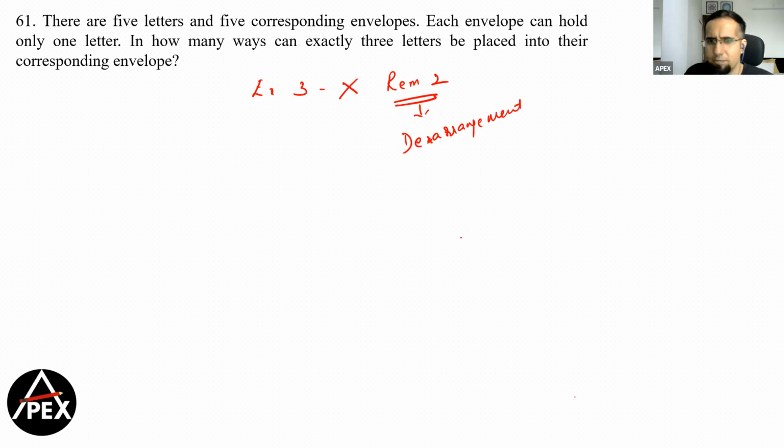The simple formula, don't worry: derangement of n objects is always n factorial into 1 minus 1 by 1 factorial plus 1 by 2 factorial minus 1 by 3 factorial, and so on up to 1 by n factorial.